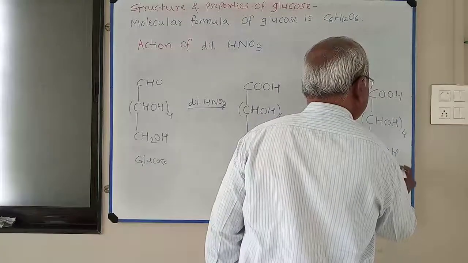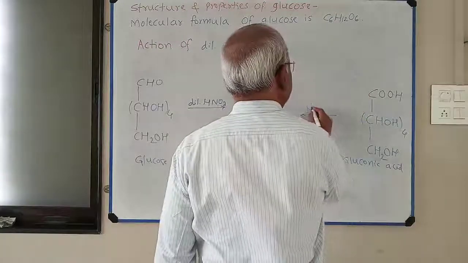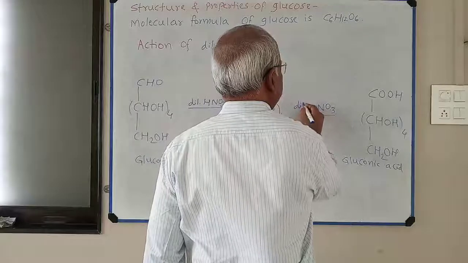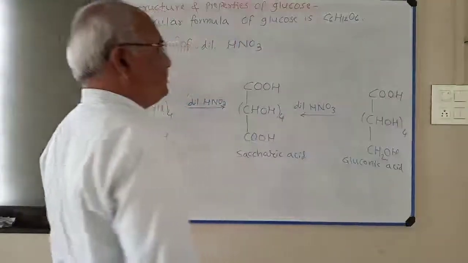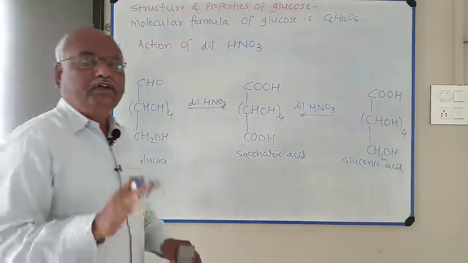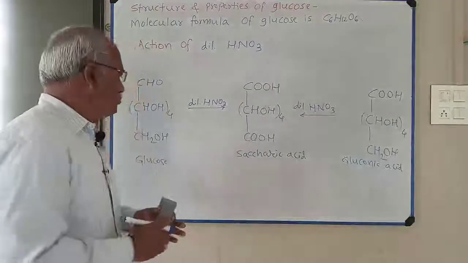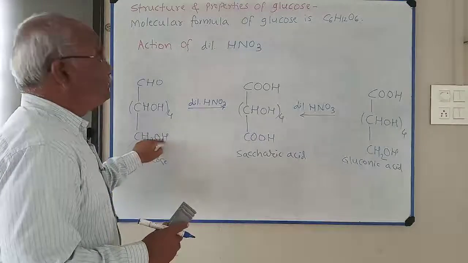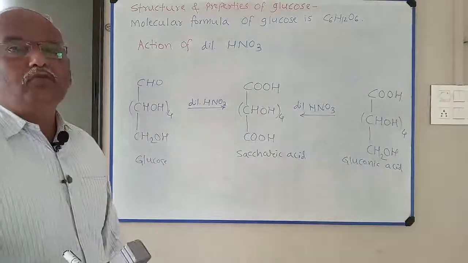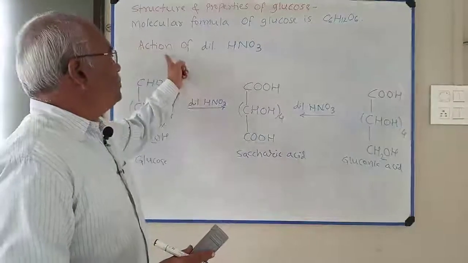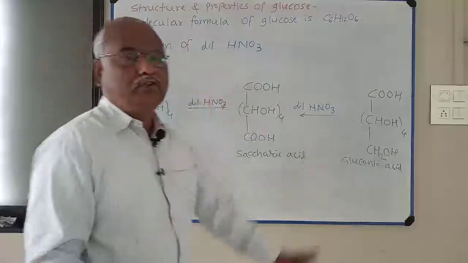Gluconic acid on treatment with dilute HNO3 gives saccharic acid. This reaction indicates that in glucose one primary alcoholic group is present. So this is the action of dilute HNO3.